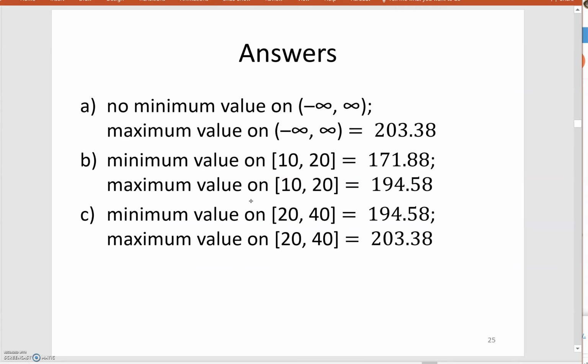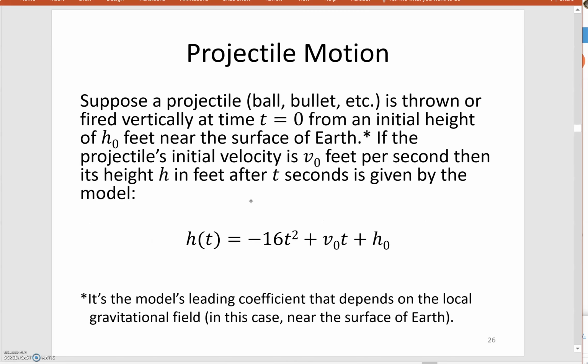All right, so we're going to move now into a new example, and this is a really important example in the world of modeling and physics, and it's that of projectile motion. So basically this is about understanding what happens when you throw stuff up in the air and then it comes down and hopefully doesn't hit you.